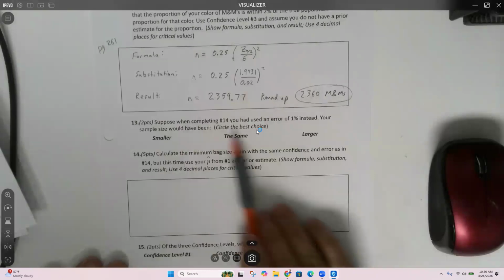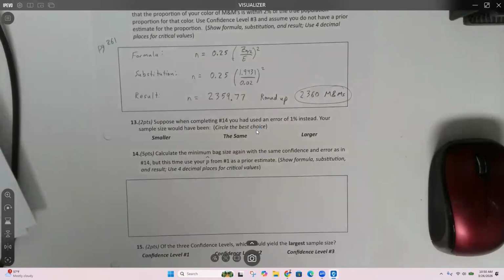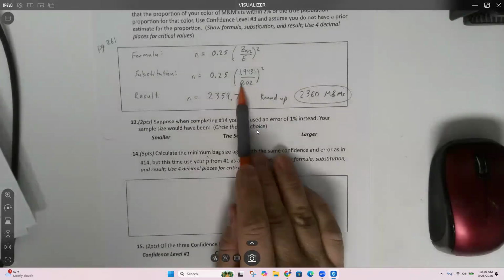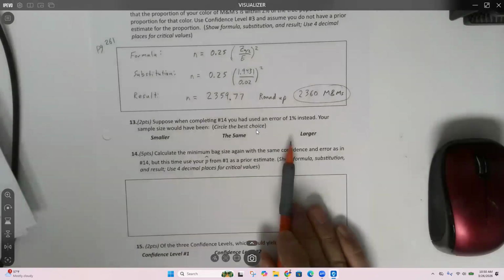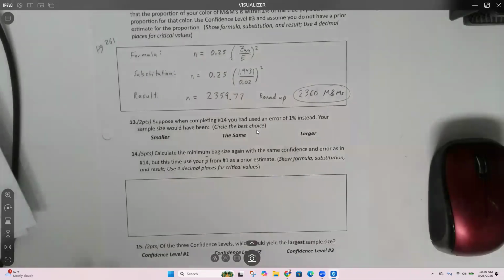Suppose when completing number 14, you would use a 1% margin of error instead of 2. So if instead of putting 0.02, I would put 0.01. Your sample size would have been smaller, larger, or the same. What do you guys think? Larger, smaller, or the same?